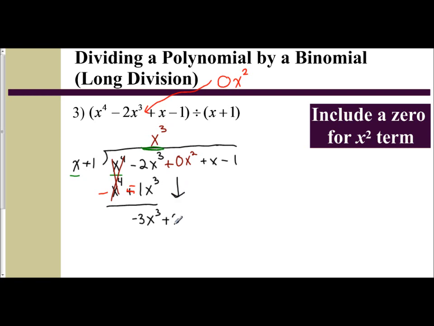So plus 0x squared. So what do you multiply x by to get negative 3x cubed? And that was going to be a negative 3x squared. And so distribute negative 3x squared to x is going to be negative 3x cubed.